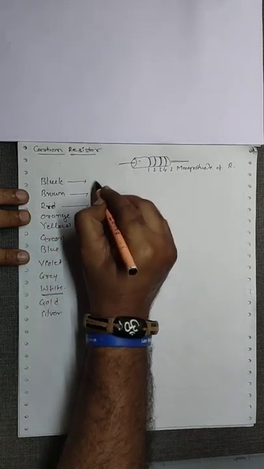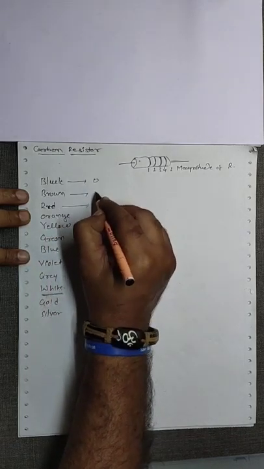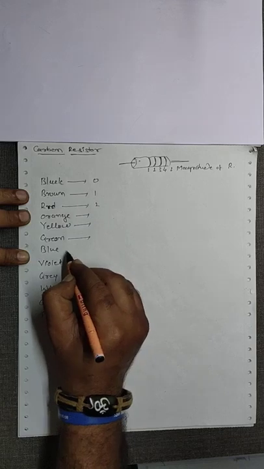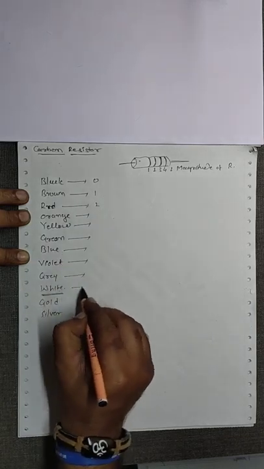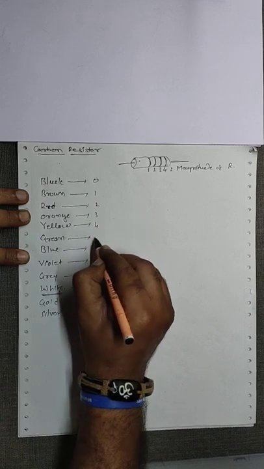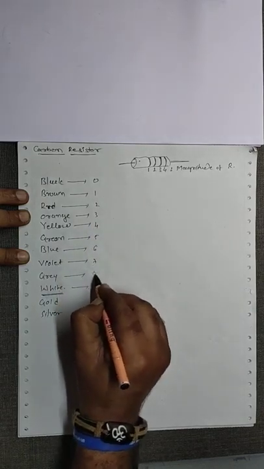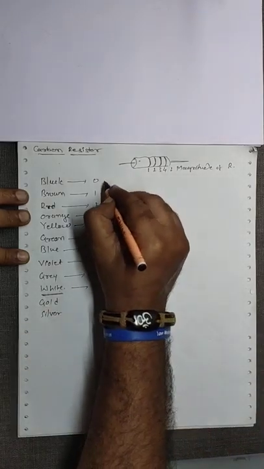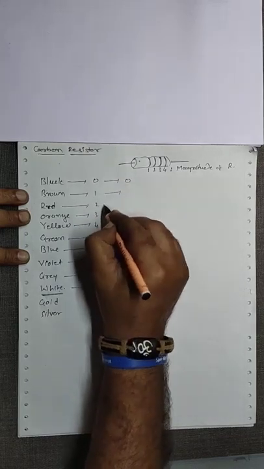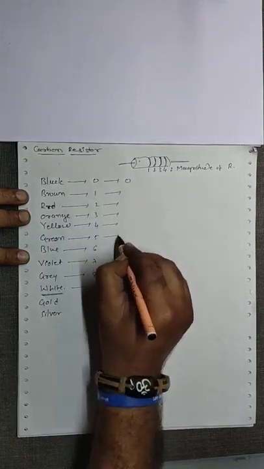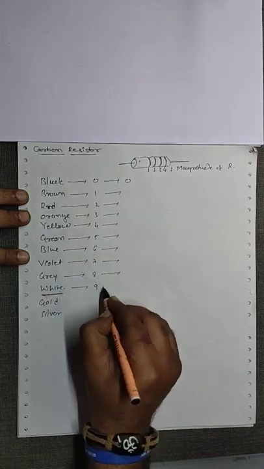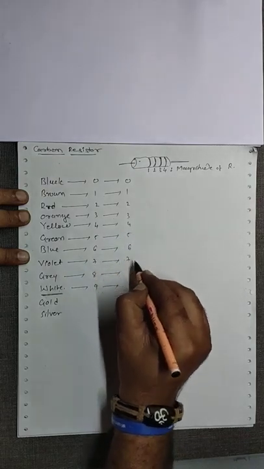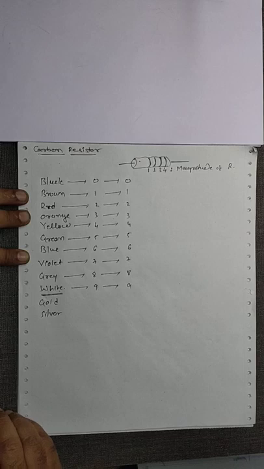Starting from B, R, numbering from 0, 1, 2, then continue the numbers. You don't have to give numbers to gold and silver. Again, the same numbering. Got it?